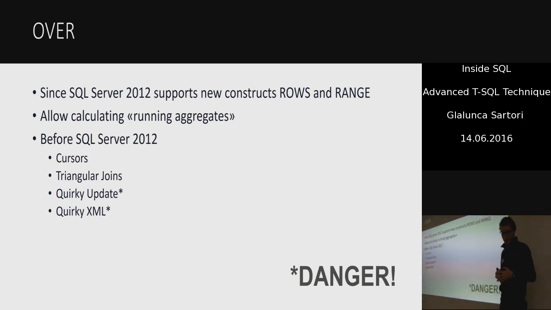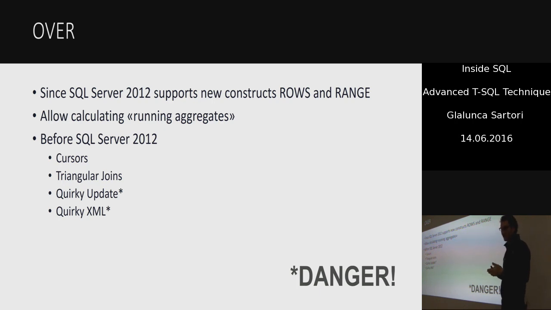Rows and range basically allow calculating many things, but the most important ones are running aggregates, so basically running totals. What does it mean? If I have some orders or some numbers from a table, and I want to sum those numbers and take the sum until that point, what I will do is a running total.